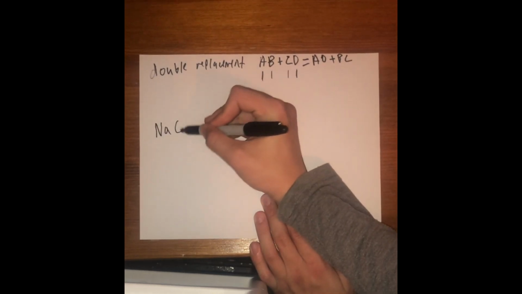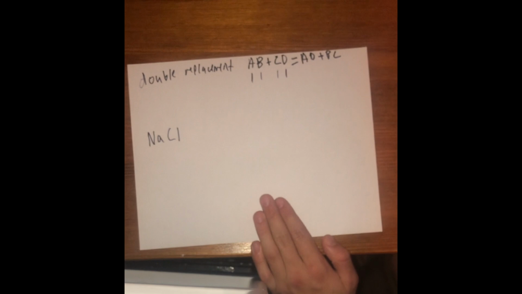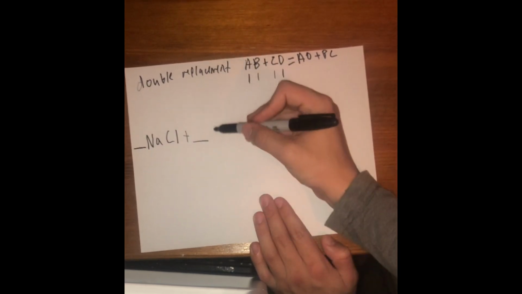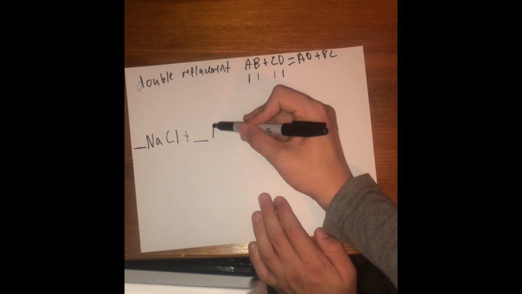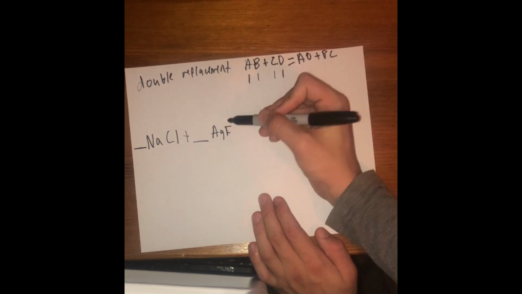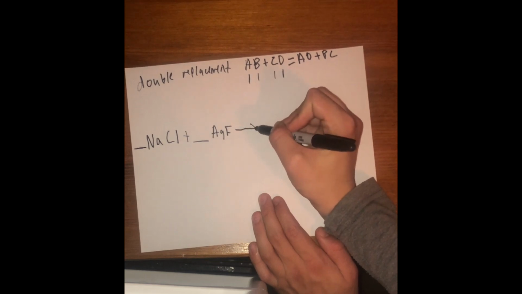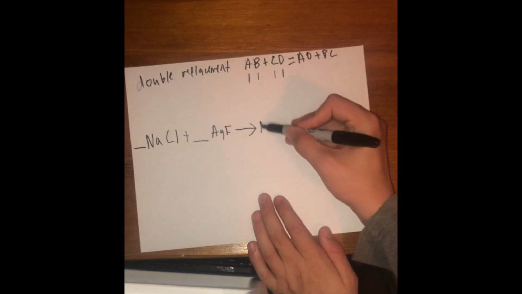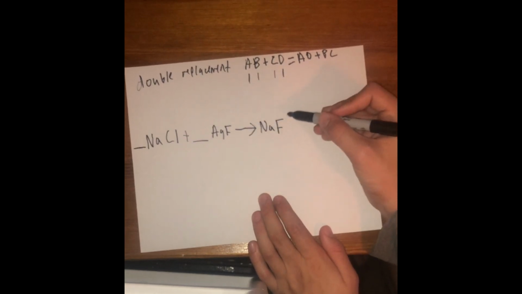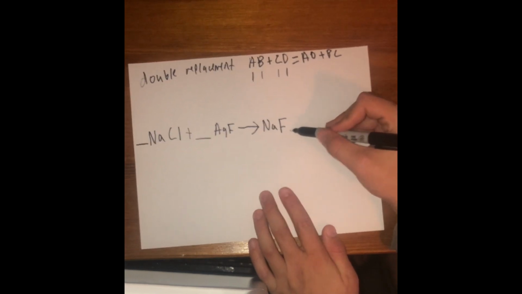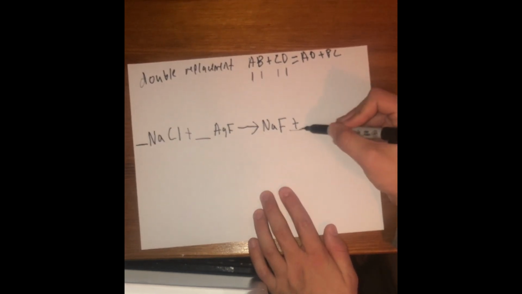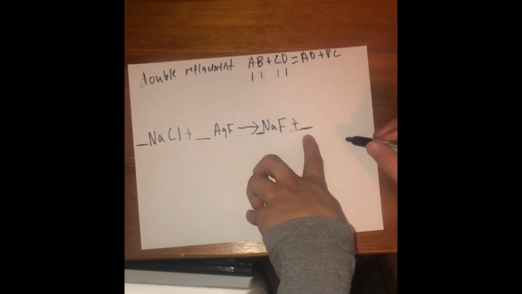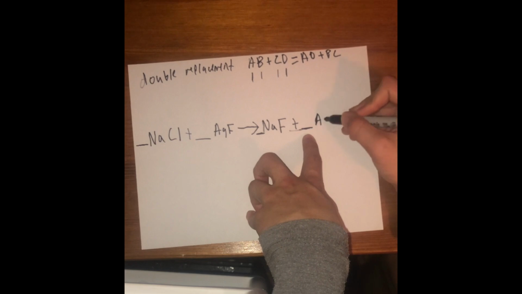We get our sodium chloride right there, plus, little line for coefficients when we get to it, then we get our silver fluoride. Now we get to the product side, which now we get a sodium fluoride plus, we didn't draw a little coefficient line for this one, but we will, plus a silver chloride.